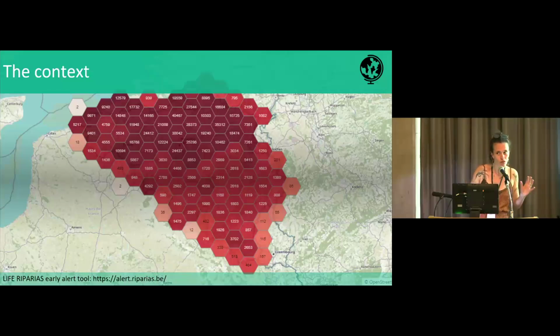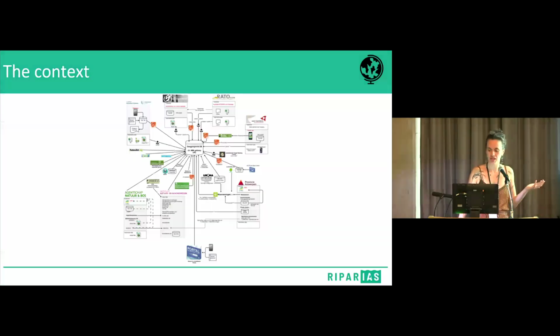We wanted to do some cool stuff with management actions as well, but apparently there's no standardized way of sharing data. So we tried to map the situation for Belgium. It's not my goal to make you read this because it's too small to read. But I just wanted to show you the complexity we're dealing with in a very small country, Belgium.